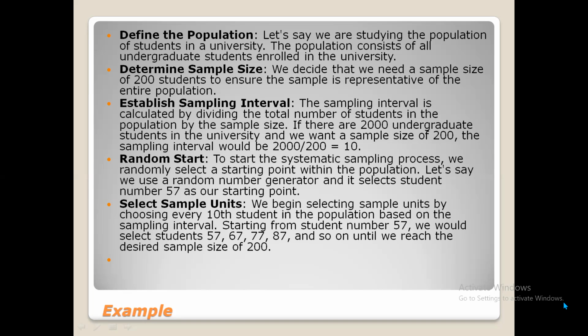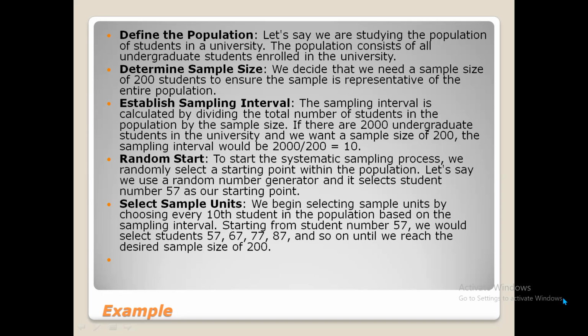Now, start the systematic sampling process. You will have to randomly select a starting point within the population. You can use a random number generator. And let's say the student selected 57 as the starting point. Now, 57 will be included in the sample.